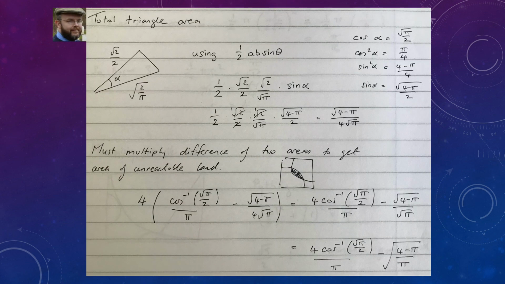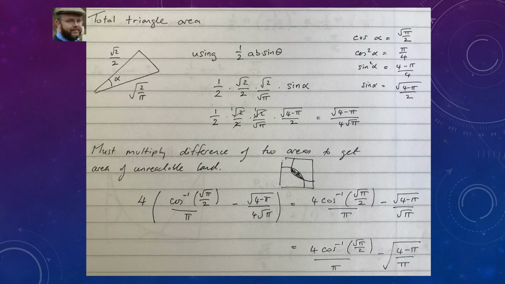Next, I need to work out the area of my triangle, which I'm going to remove from the area of my sector. Be careful, because the two sides surrounding the angle that I know are not the same length anymore. Remember, this is going to the centre, so it's root 2 over 2 and root 2 over pi. I've used half ab sine theta. Now, of course, I've got cosine alpha.